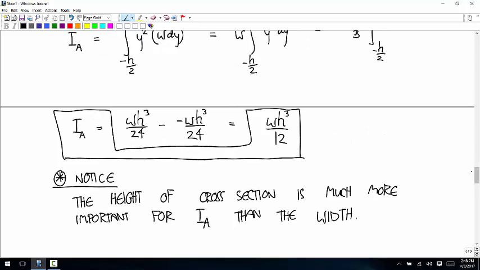You can see that from the formula. Whatever the height is gets cubed, so the effects of the height are magnified a lot in importance when you're calculating that moment of inertia. The width is just linear, so that doesn't matter as much.